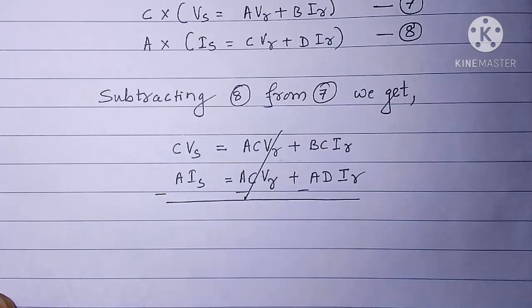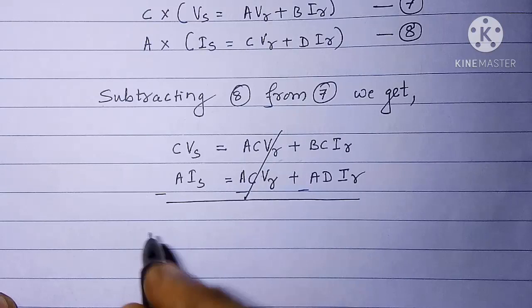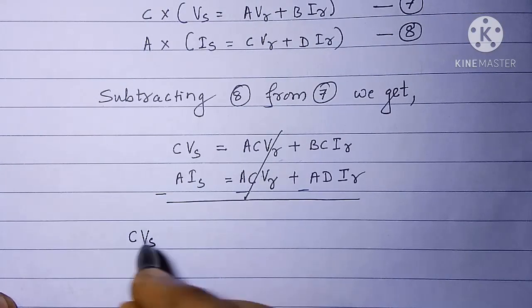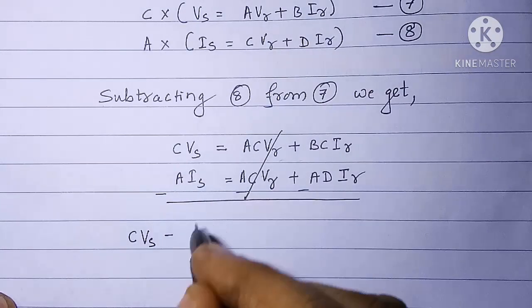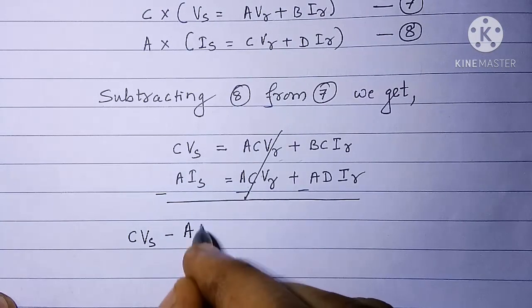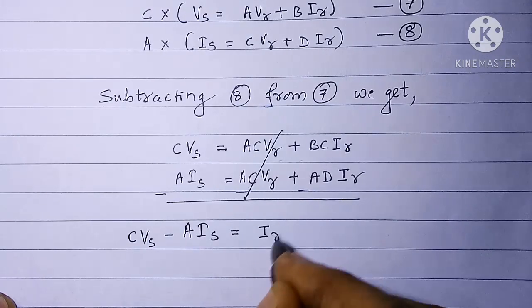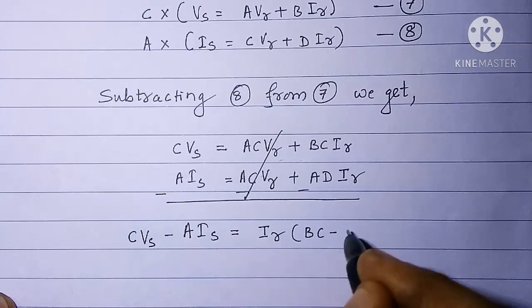These two will cancel here and we'll have C into Vs minus A into Is equal to IR into the bracket BC minus AD.